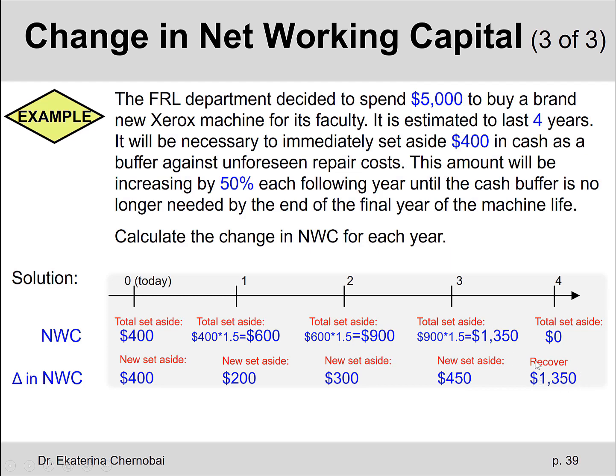So either look diagonally at net working capital for the previous year, or look across the same row, at the change in net working capital, and add up all the changes in net working capital that occurred in all previous years.